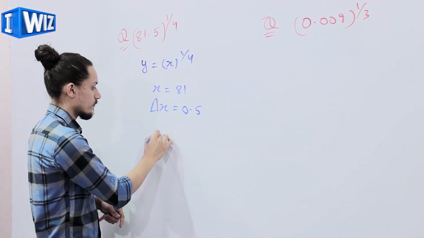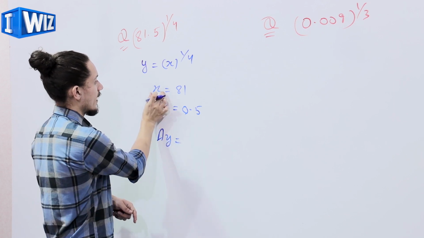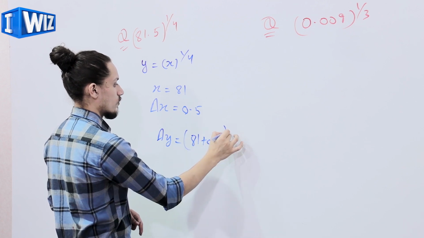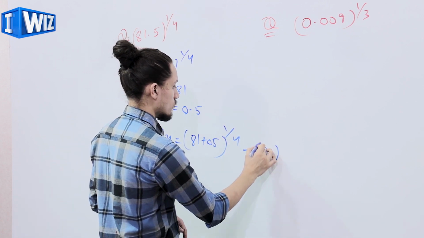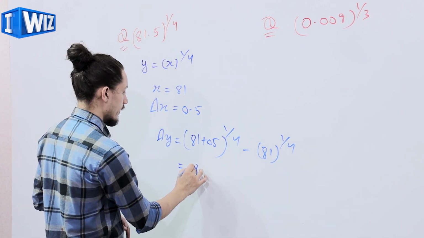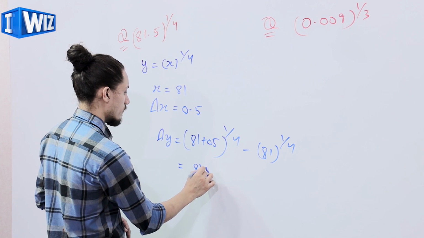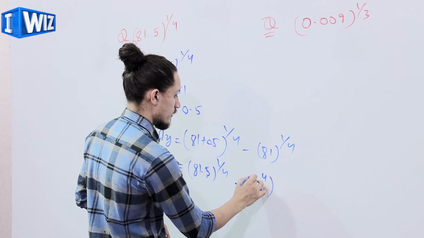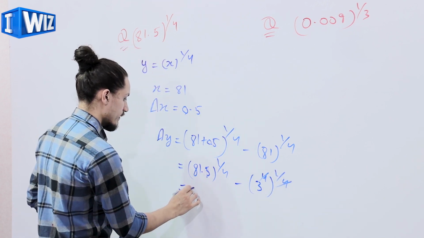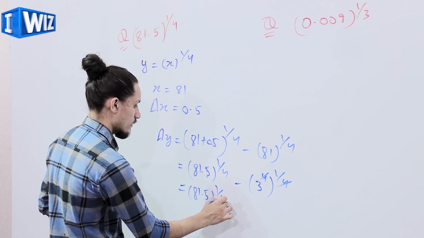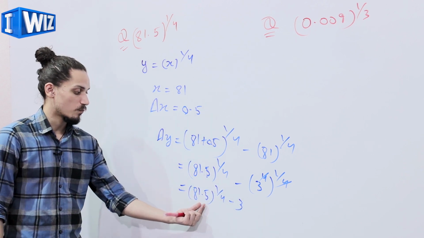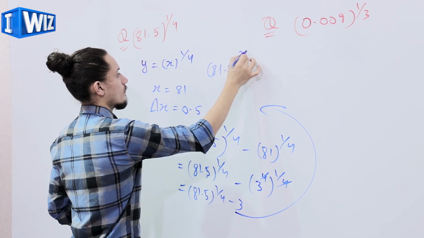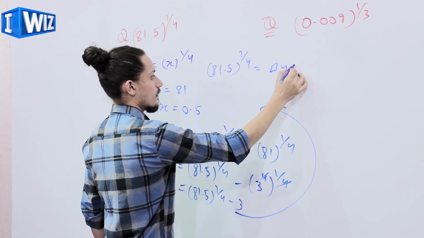So delta y is equal to f of x plus delta x, that is 81 plus 0.5 raised to power 1 by 4 minus 81 raised to power 1 by 4, which is equal to 81.5 raised to power 1 by 4 minus 3 raised to power 4 raised to power 1 by 4, so the 4s cancel, and we get 81.5 raised to power 1 by 4 minus 3. So the value of 81.5 raised to power 1 by 4 can be written as delta y plus 3.